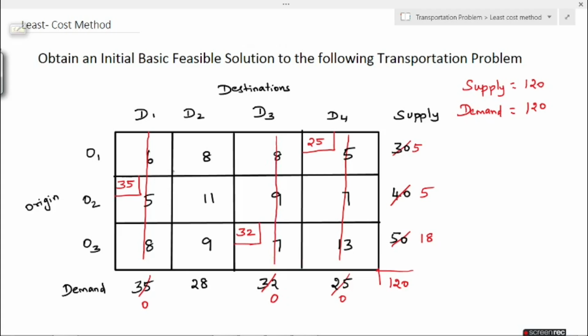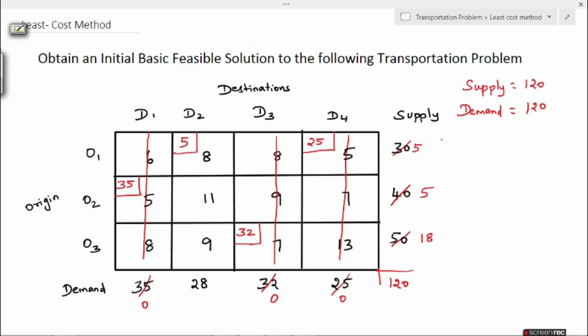Next we move on to the remaining values, that is 8, 11 and 9. The least value is 8, so our next allocation is at O1 and D2, at this place. The corresponding demand is 28 and the corresponding supply is 5. Which is least? 5. So we allocate 5 here.